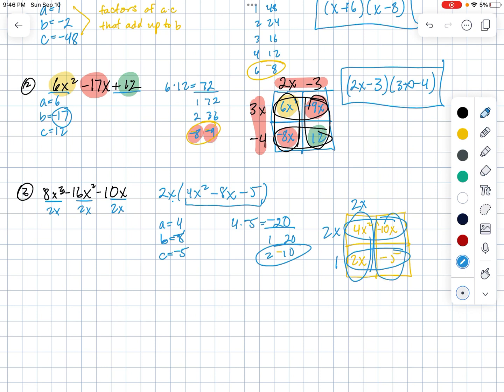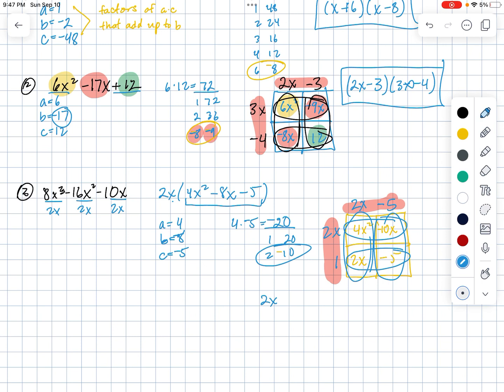And in the right column, negative 10x and negative 5, since there's a negative on top, it's going to be negative, and we can see they both have 5, so negative 5. Those are going to give us our factors.